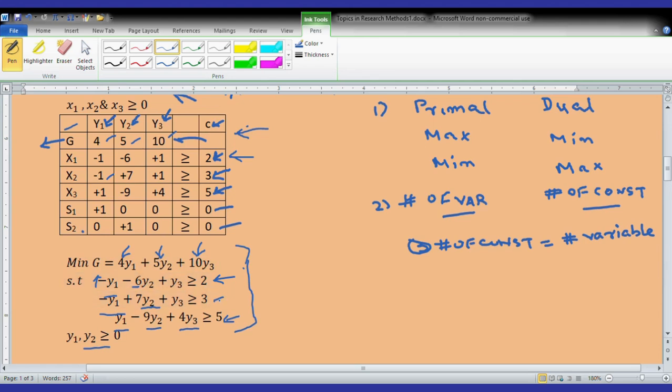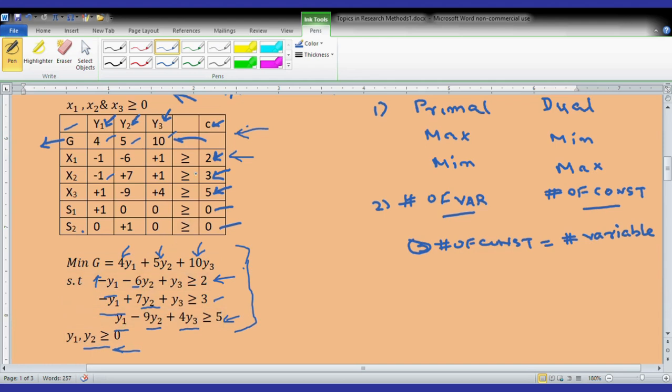Similarly, we need to remember that the coefficients of the objective function in the primal will become the right hand side of the constraints in the dual, and then we have already seen how we have written down these values. Last one is this one, y1 and y2 greater than or equal to 0.